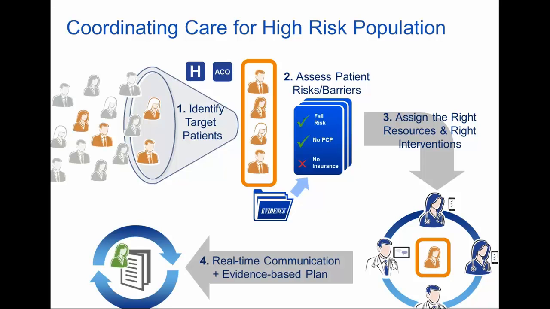Ultimately, we then have a real-time communication and evidence-based plan that supports their transition, either from a venue such as the hospital to a post-acute venue such as a skilled nursing facility, or from a venue to self-care management at home with their primary care physician and perhaps even home health services in place.